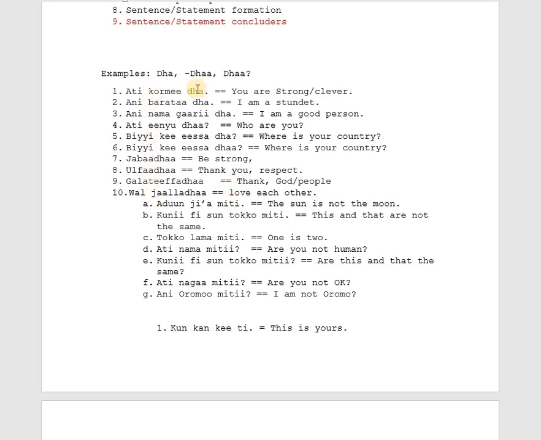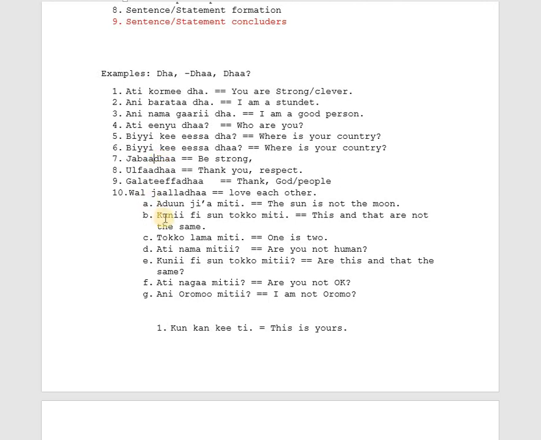So it's not a concluder, but it can be confused when we write it. We can't write it like that. It should be attached to the word. There are lots of words like this in Oromo. Maybe we will see this in advanced Oromo writing.